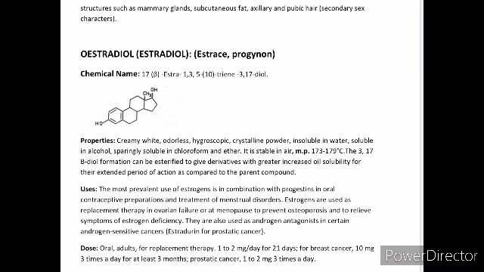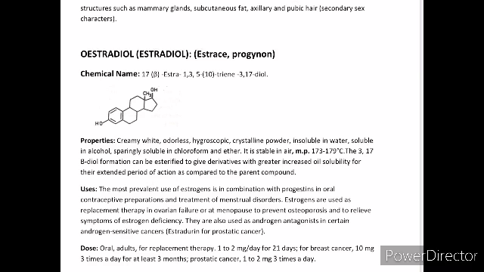It is stable in air. Melting point is 173 to 179. The 3,17 beta diol formation can be esterified to give derivatives with increased oil solubility and an extended period of action as compared to the parent compound.